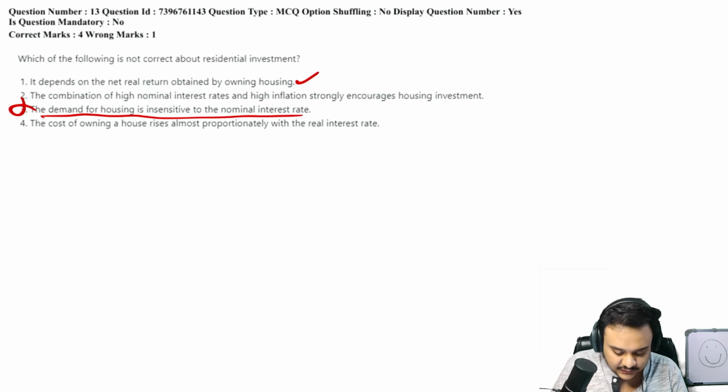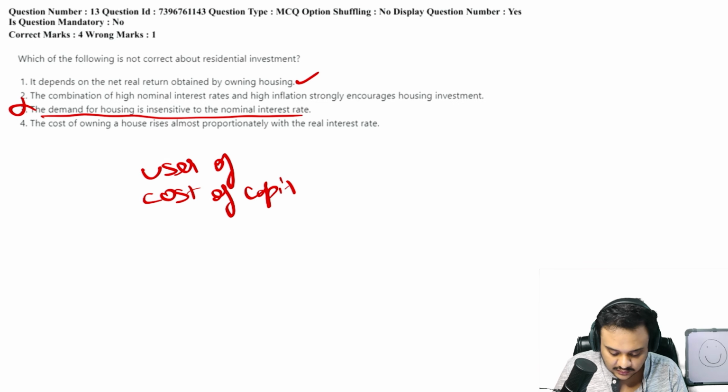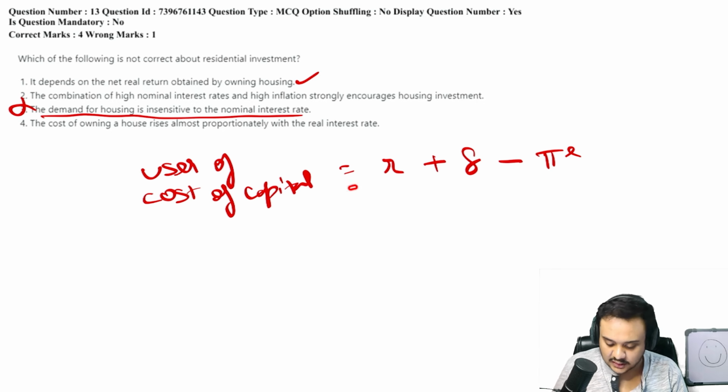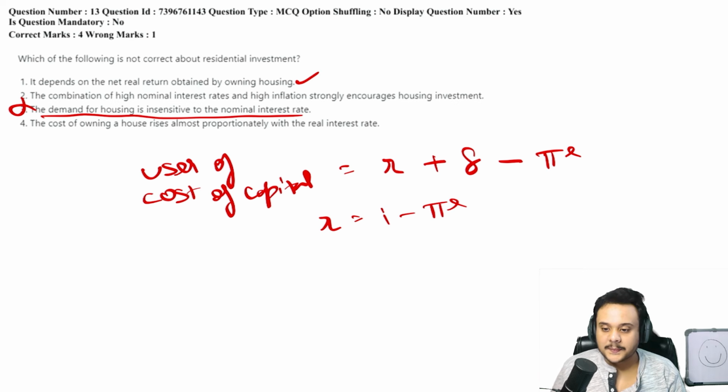The last one, and definitely this statement would have confused you a little bit because it is confusing, says the cost of owning a house rises almost proportionately. So now let us look at the equation. The user cost of capital for this house is equal to R plus depreciation minus expected inflation, where R is the real interest rate, written as nominal interest rate minus inflation rate.